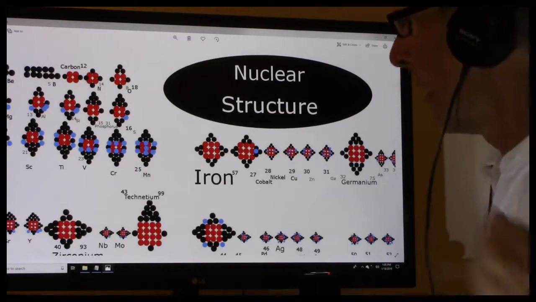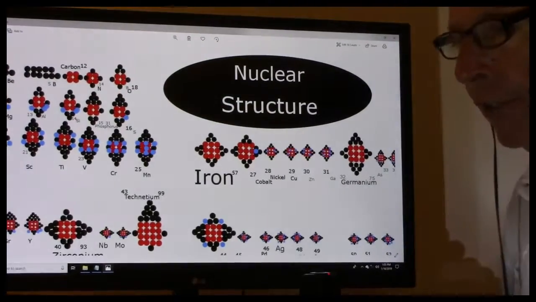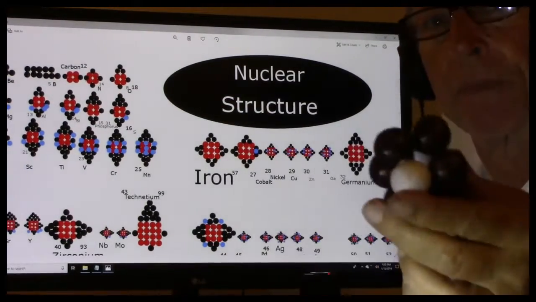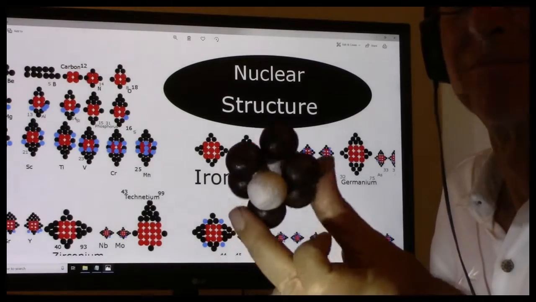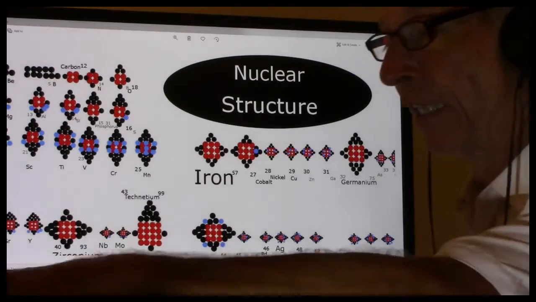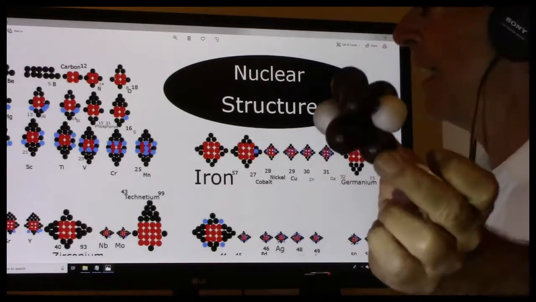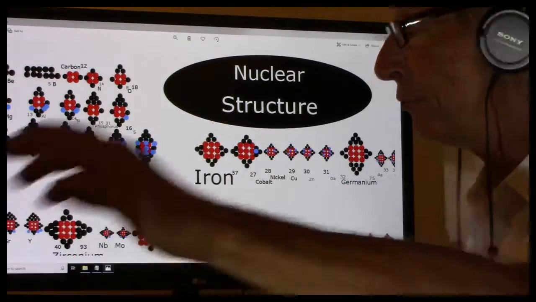And then the lighter elements are what we're going to talk about today, like carbon-12 here. It has a little cube. So that's 8 little neutrons and protons in this model, and it has white protons and dark neutrons.